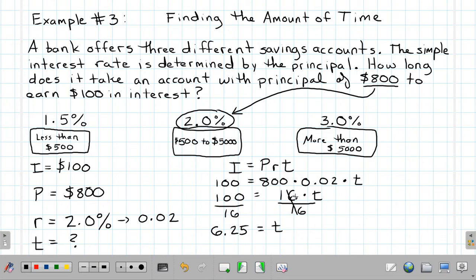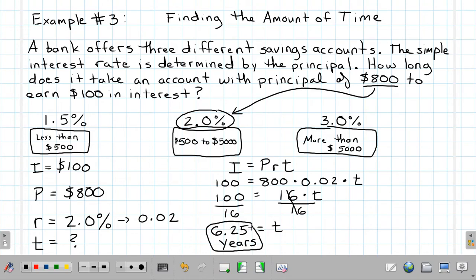So multiplying times 16, that means we need to divide by 16. But here we've got a weird number. We got 6.25, but we've always said the time is in years. So that's 6.25 years.